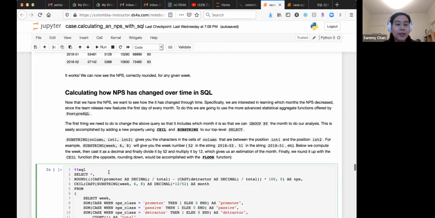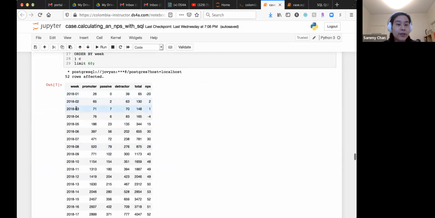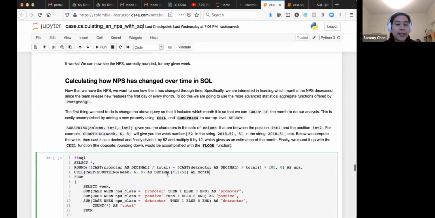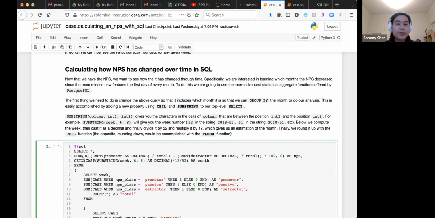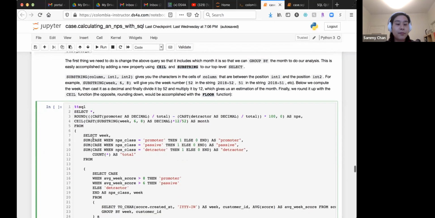Because given the first few weeks here, if we are extracting 1, 2, 3, 4, and then get the number of months, it would be 0 point something, right? But since our monthly count starts with January, month 1, that's why we use ceiling here to assign the month number to the number of weeks.